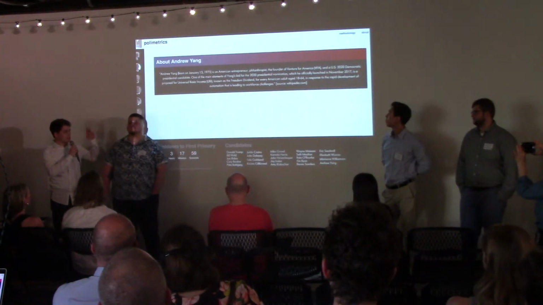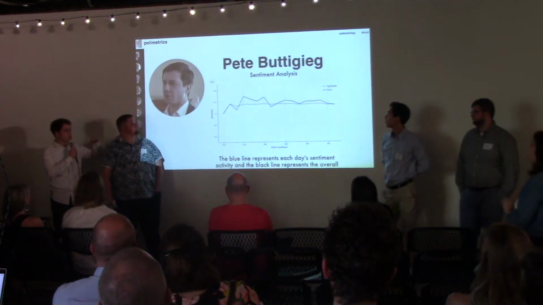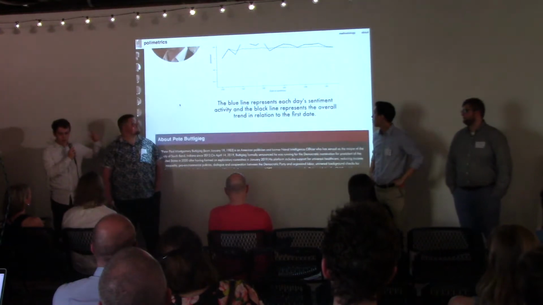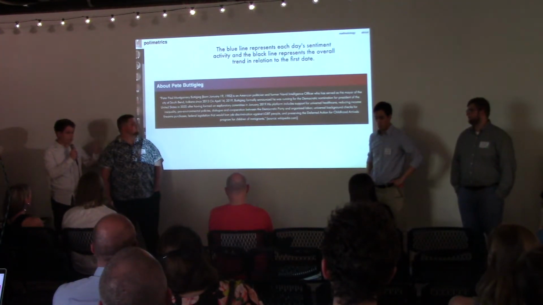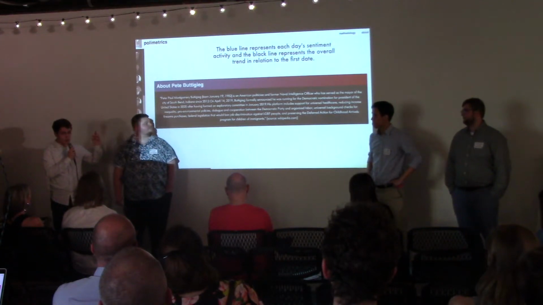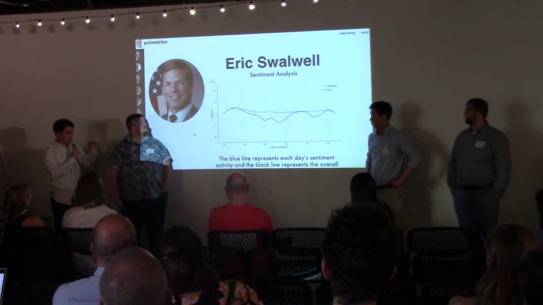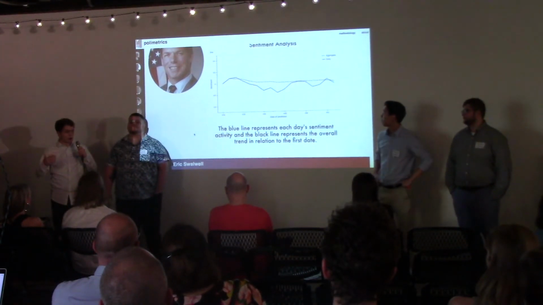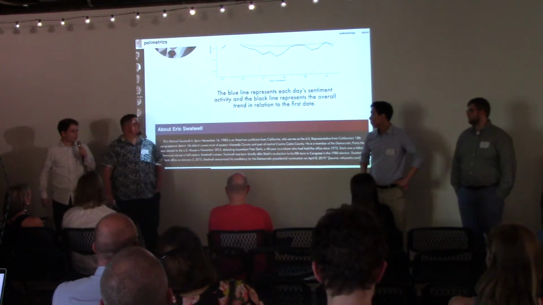We have the detail graph, which is two line graphs: the daily average in the blue, and then the black dotted line is a trend line, so the overall sentiment or the aggregate. On the detail page, we have a bar graph that is an overall comparison, and the bar graph is interactive, because it's quite large.